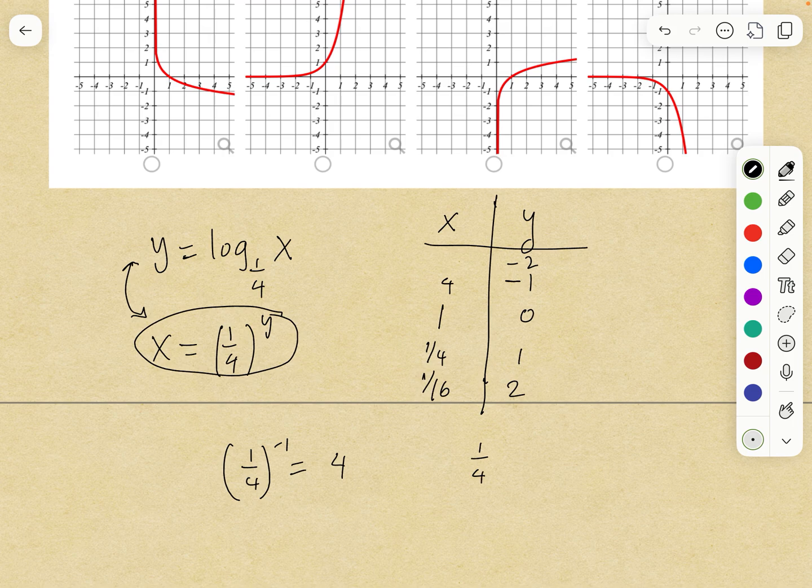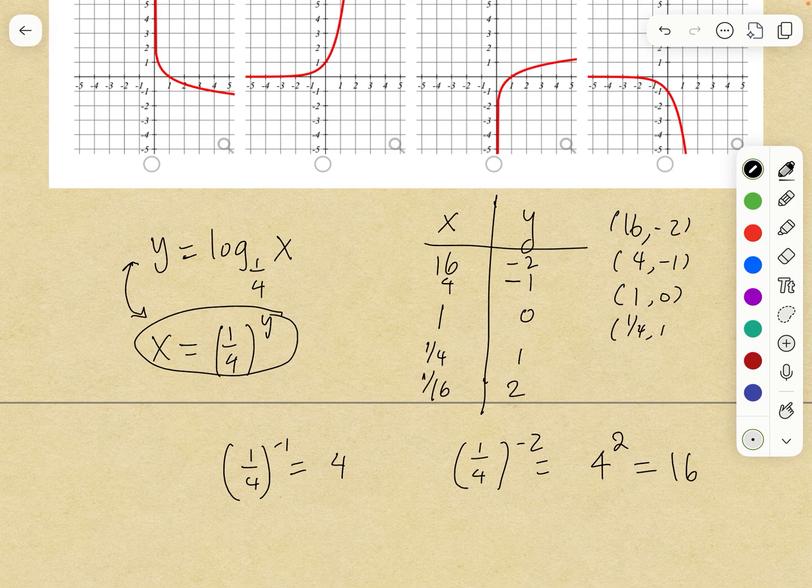And if you have 1/4 to the -2 power, you take the reciprocal of 1/4, which is 4, and raise it to the second power, and you get 16. So some points on the graph of y equals log sub 1/4 of x are (16, -2), (4, -1), (1, 0), (1/4, 1), and (1/16, 2).